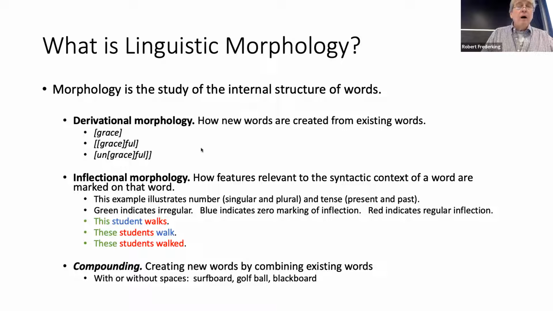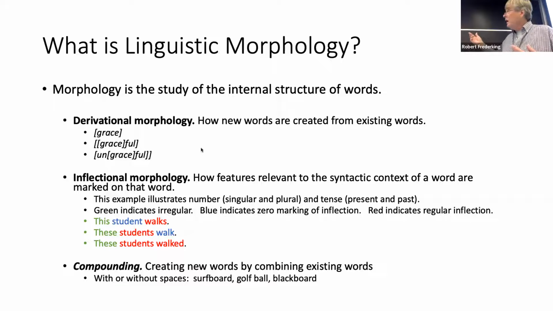So for example, plurality and tense are things that many languages will mark on verbs. So if you say this student walks, it's singular and it's in the present tense. If you say these students walk, it's still present tense, but it's plural, right?